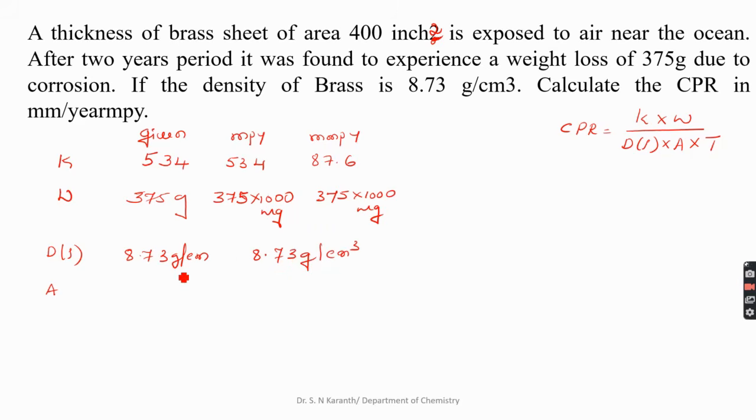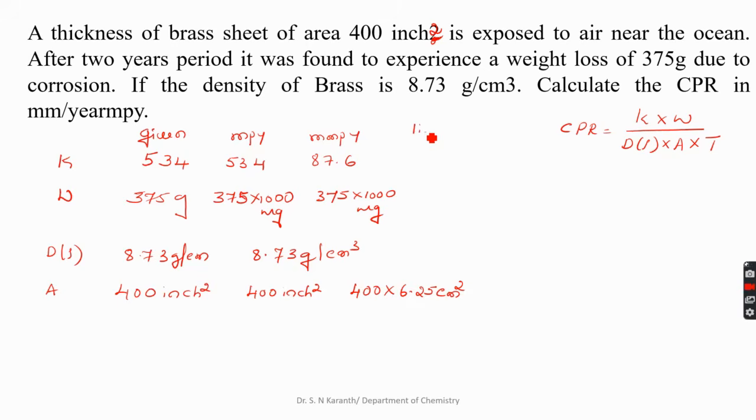Then area. See here, if we express it in terms of Mpy, it should be in inch square. So it becomes 400 inch square. In another unit, if we have to express in terms of Mmpy, then we have to multiply this quantity 400 into 6.45, then it turns to cm square.